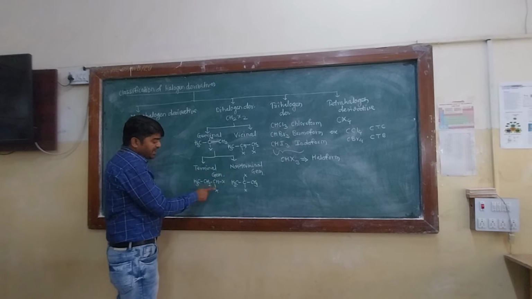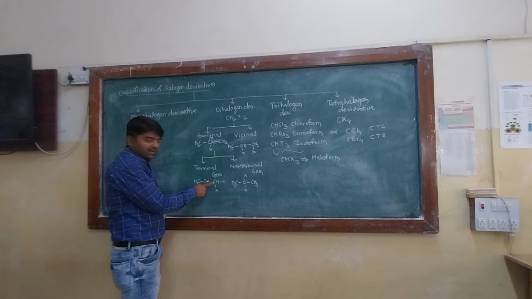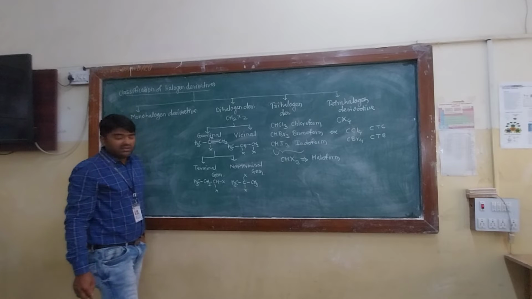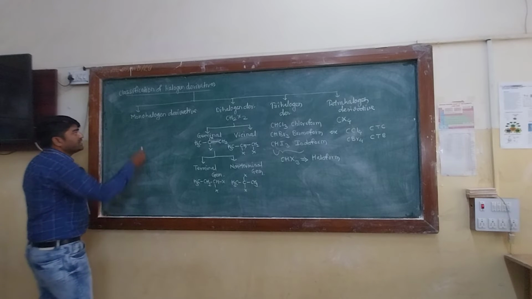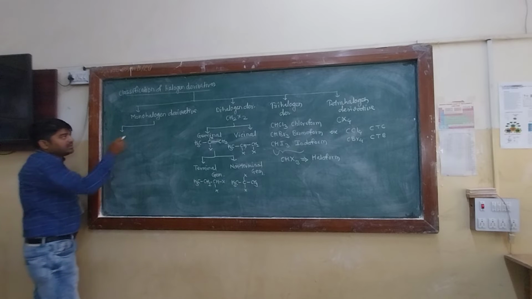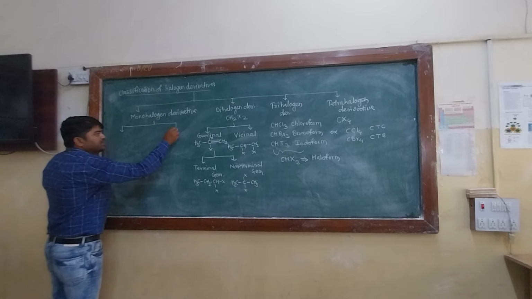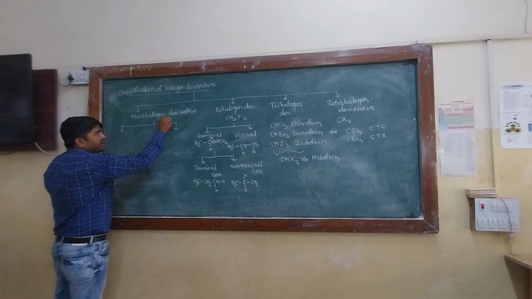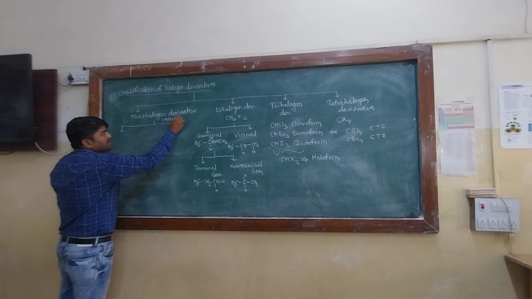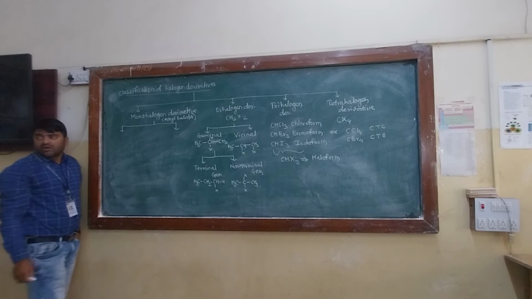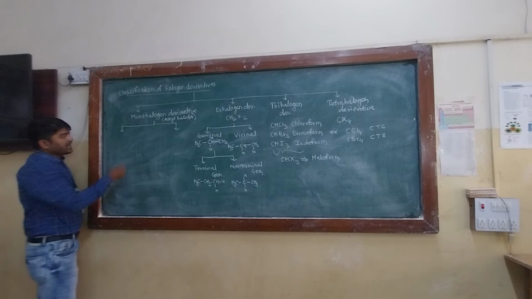Then, on the basis of nature of carbon atom, monohalogen derivatives are called alkyl halides. These are further classified into two categories on the basis of nature of carbon atom.